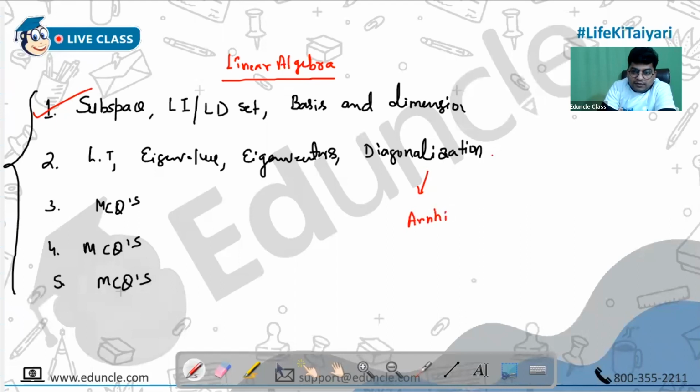Any later polynomial, not subspace, because subspace is not the dimension. So it is in the syllabus. Any later polynomial, number one. Next question is intersection of two subspace.